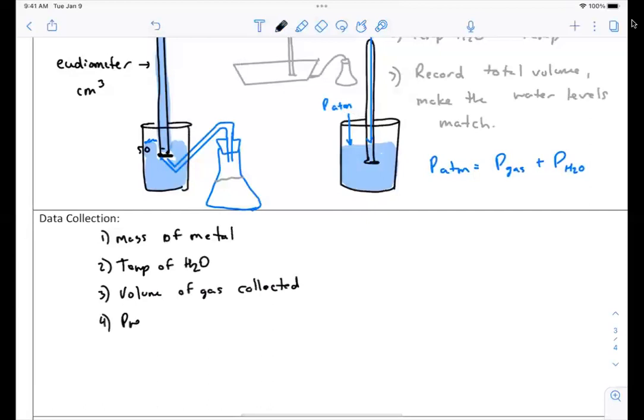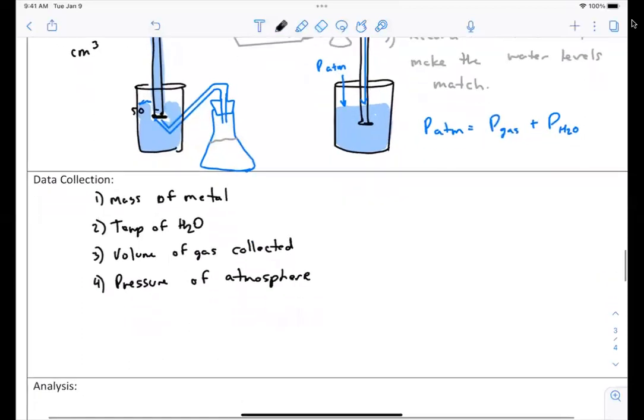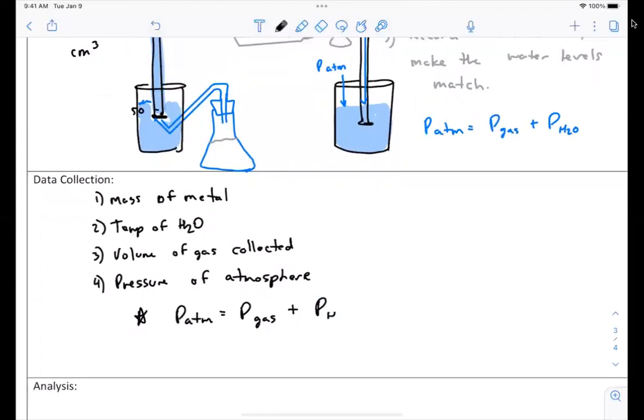And four, the atmospheric pressure, the pressure of the atmosphere. And like I said, they might have you subtract the water vapor pressure from this to get a more accurate gas pressure. They might not. But if you're actually doing it scientifically correct, you want to subtract water vapor pressure.